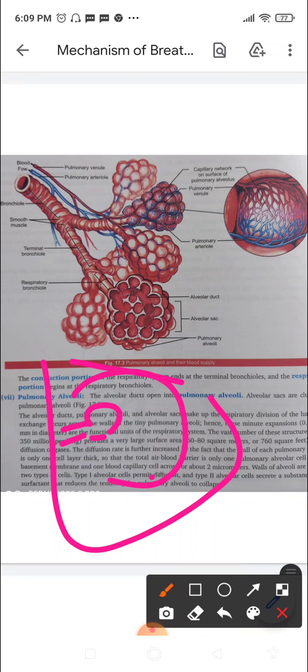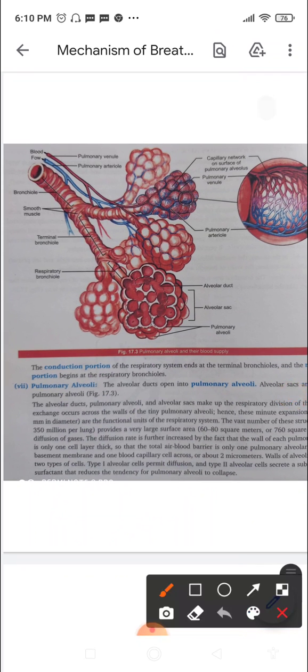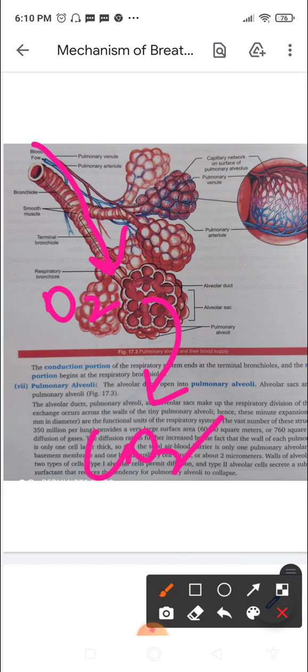And gas exchange. When we talk about gas exchange, oxygen enters and carbon dioxide is removed. This is the exchange that takes place.